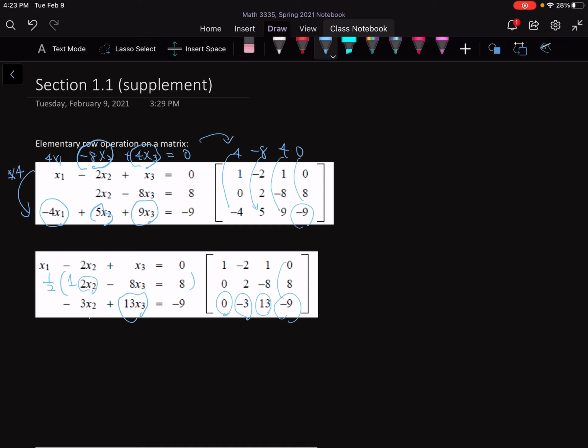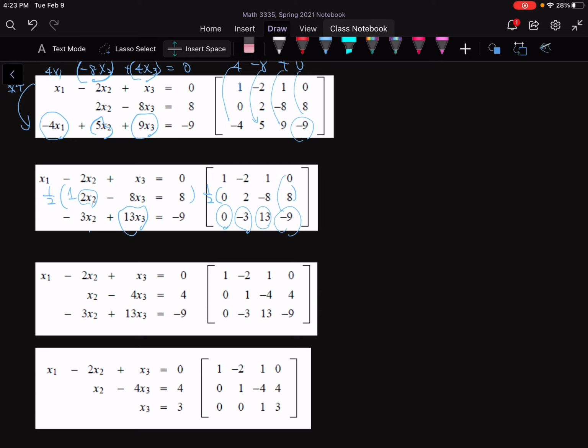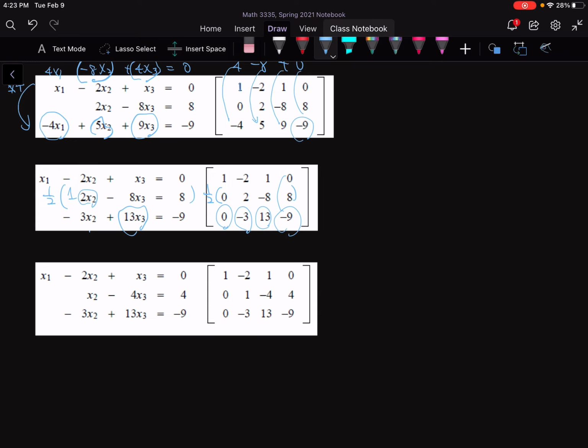We understand that's an equivalent equation. So that becomes 1, negative 8 becomes negative 4, and 8 becomes 4. Similarly, 2 becomes 1. You see, it's a little easier just dealing with the matrix. So what's next to do?